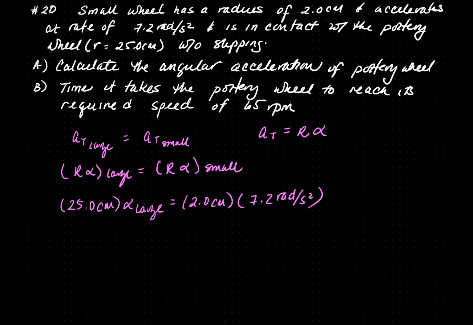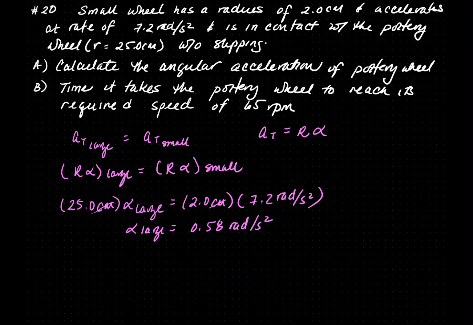In general, you need to convert units, but here, if you notice, the centimeters cancel out. So if you convert it, it's going to be reconverted back. Solving this, alpha of the pottery wheel becomes 0.58 rads per second squared.